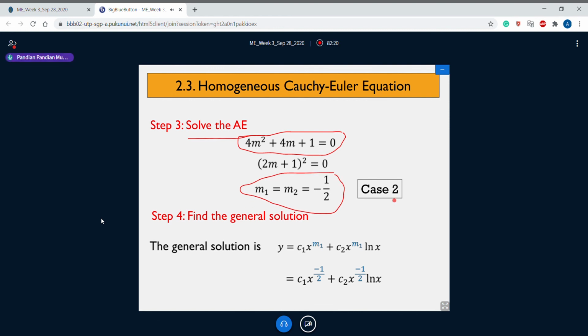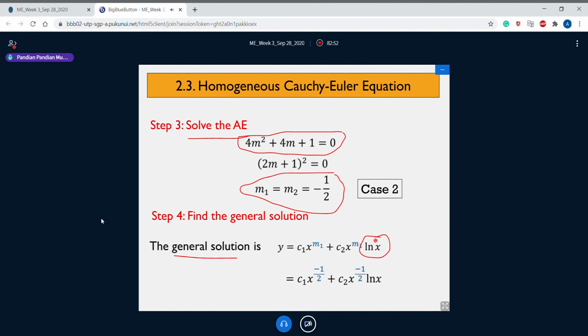Real, but repeated. So this is quite a confusing part. How to write two independent solutions? You can see in step 4, the general solution. Since the two roots are the same, but we are looking for independent solutions, they cannot be the same. So y is C1 x to the power m1 plus C2 x to the power m1 ln x.